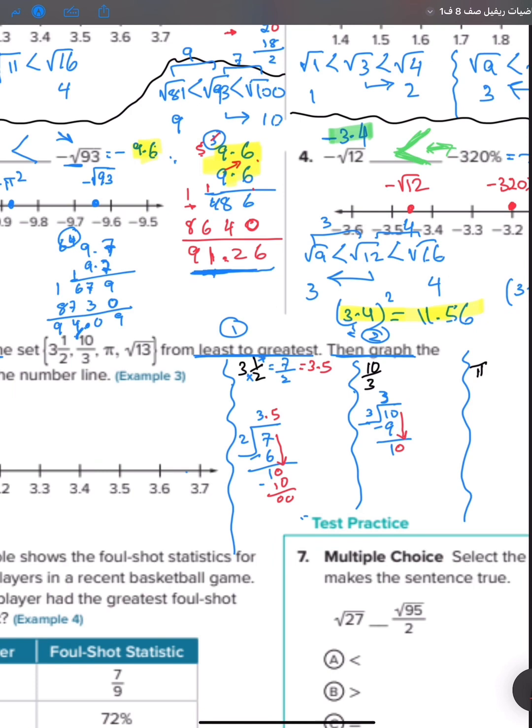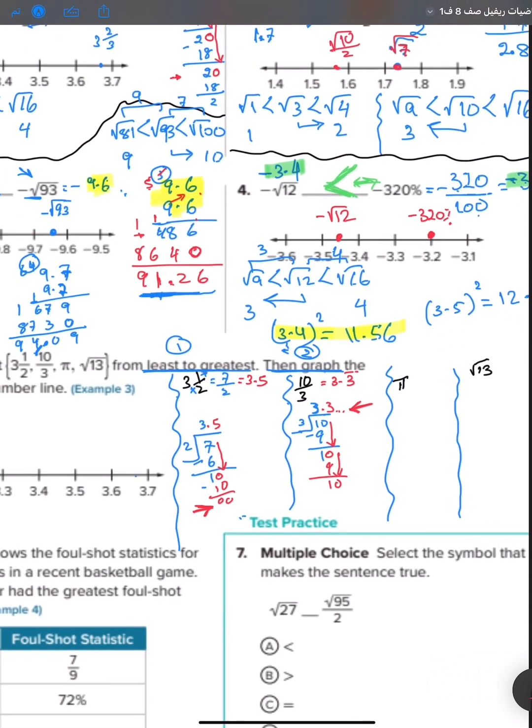When we add 0, we put the point. 3 times 3 is 9, 1, add 0, so it will not finish. We stop if we see 0, 0, or if the answer is repeated. So the answer will be 3.3 with bar notation.